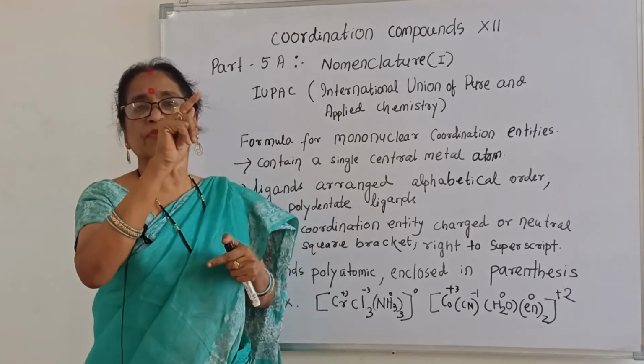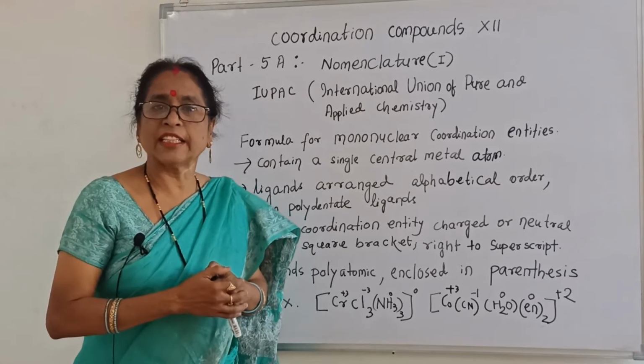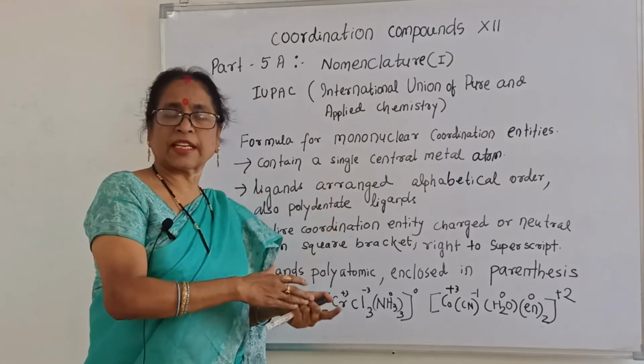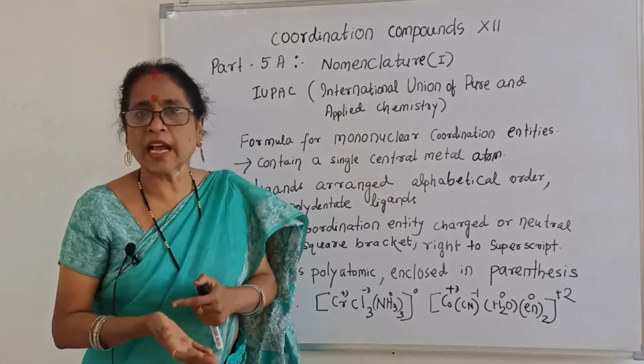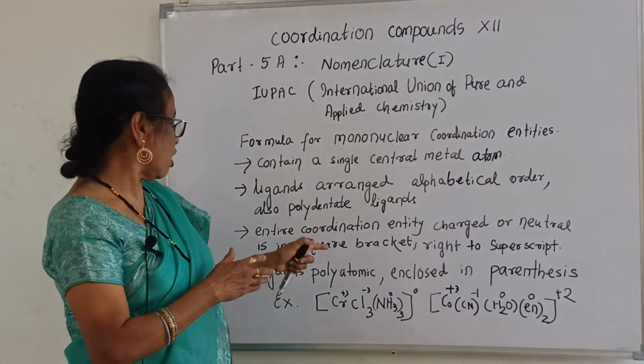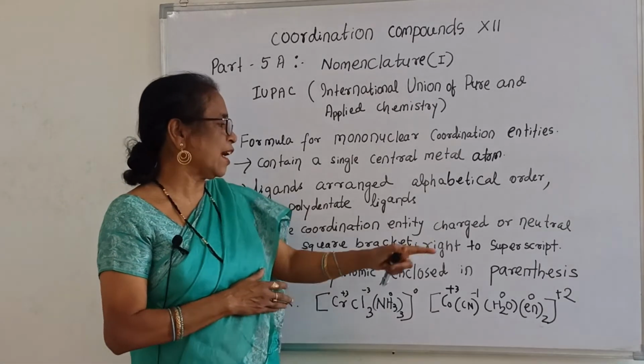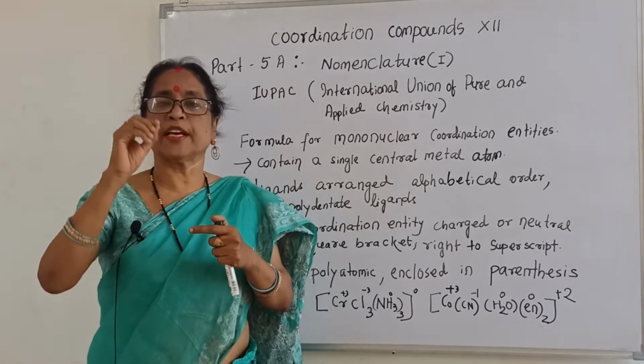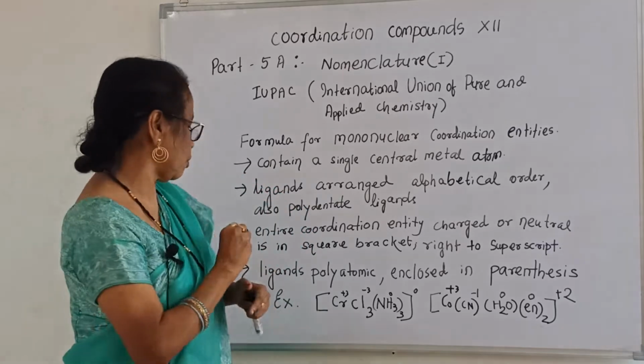A plus sign means a cationic complex, a minus sign means an anionic complex, and 0 means a neutral complex. Always write the plus, minus or 0 as a superscript outside the square bracket.